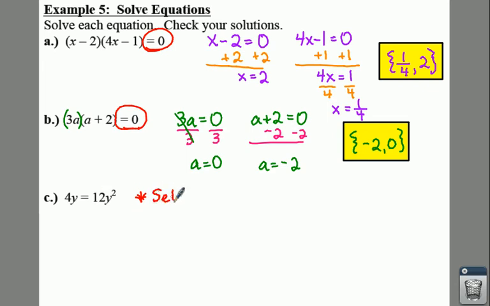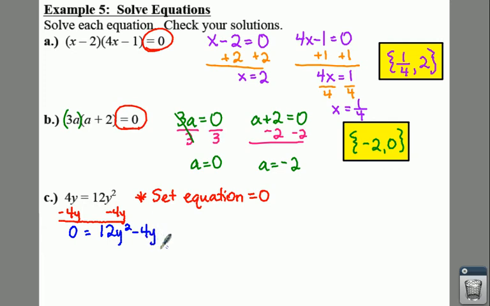So we need to set our equation equal to 0 first, then factor, and then we can solve. It doesn't matter if you move the 4y to the right or 12y squared to the left. I'm going to subtract 4y. You will get the same answers in the end. You end up with 0 on the left and 12y squared minus 4y.